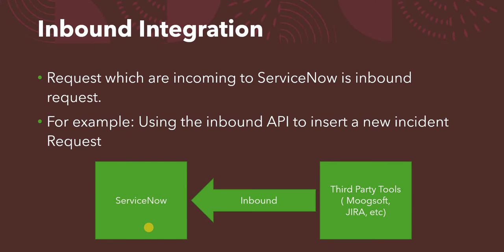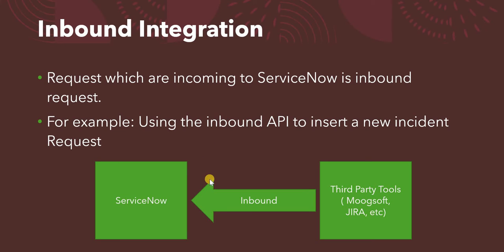Next is what is inbound integration. We really need to understand the difference between inbound and outbound integration. This is quite important when you are implementing integration in ServiceNow. So what is inbound integration? Requests which are incoming to ServiceNow is inbound integration.